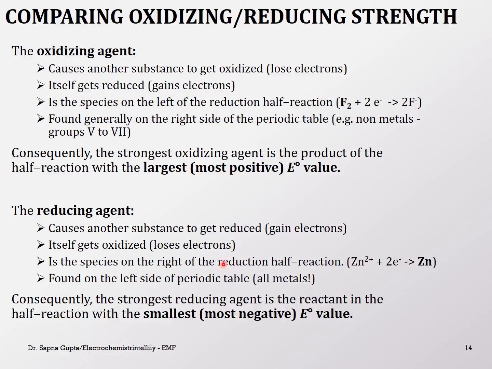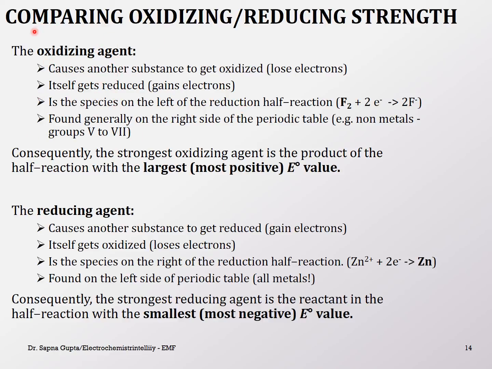Examples of reducing agents are usually on the left-hand side of the periodic table, which means usually all metals. The more metallic the character, the stronger the reducing agent, which is evidenced by the smallest negative value on the standard potential chart, which, if you remember, was lithium on the top. I'm referring to the imaginary table over here.